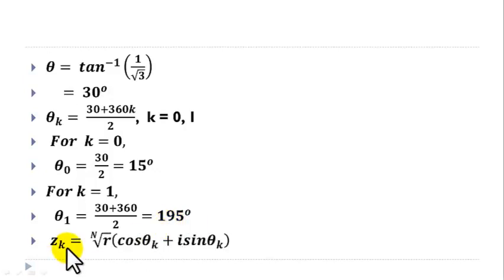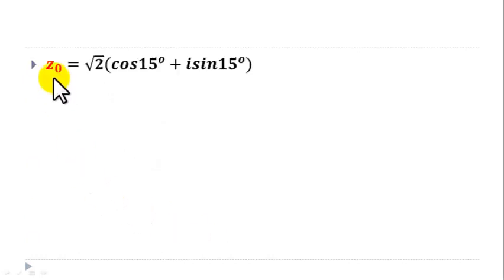So therefore, zk is equal to nth root of r into cos theta k plus I sin theta k. Now for k equal to 0, we are finding z naught, which is equal to root 2 into cos 15 degrees plus I sin 15 degrees.